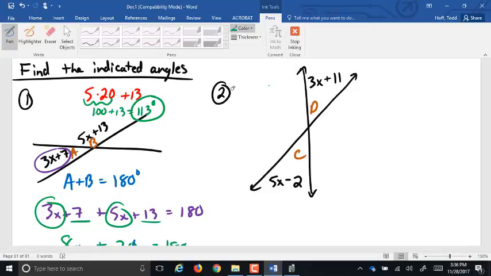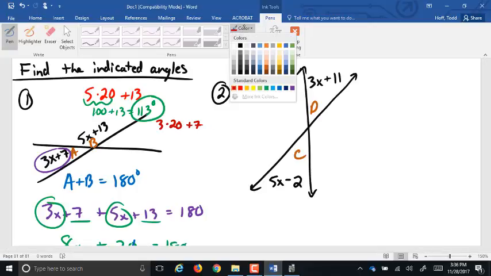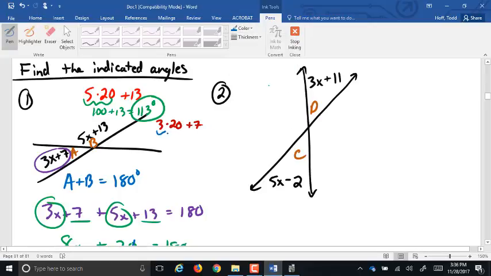The other one, angle A, is 3x plus 7, so that'll be 3 times 20 plus 7. 3 times 20 is 60, plus 7 is 67 degrees. Now just to make sure those add up to 180, and they do, so that's relatively sure that those are correct.